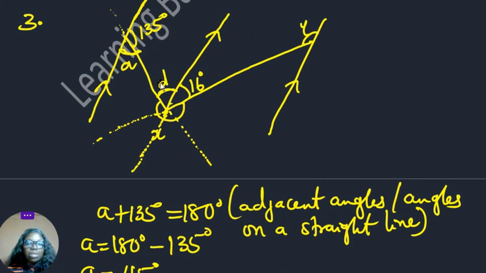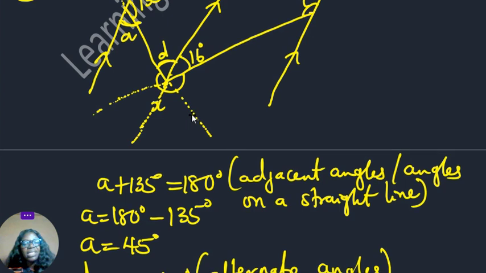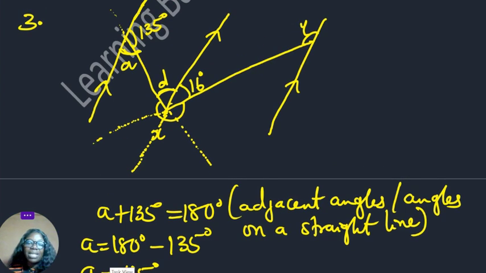Now we've gotten the angle D. Now we need to get angle Y. So can we find angle Y before we find the value of angle X? So let's see. If you look at the transversal of Y, Y is an angle on the transversal and on the parallel line. Now let's look at the transversal. Let's see if there is a corresponding angle.